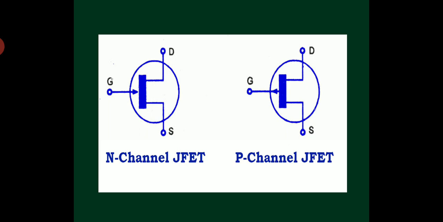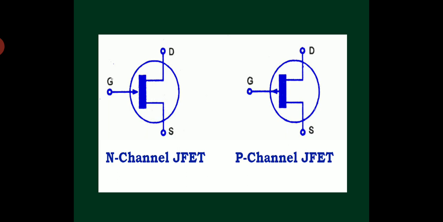If I want more logic density, I go for FETs. If I want more speed of operation, I go for BJTs. BJT is very fast to operate and FETs are somewhat slower when compared to BJTs.